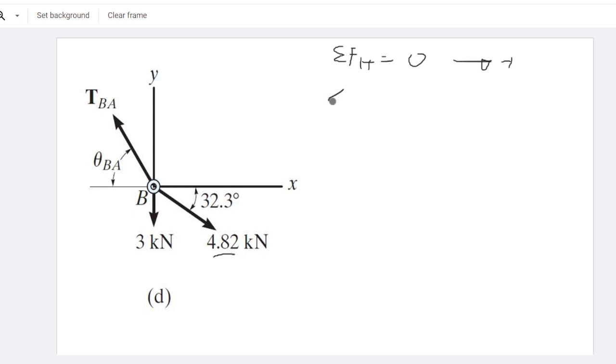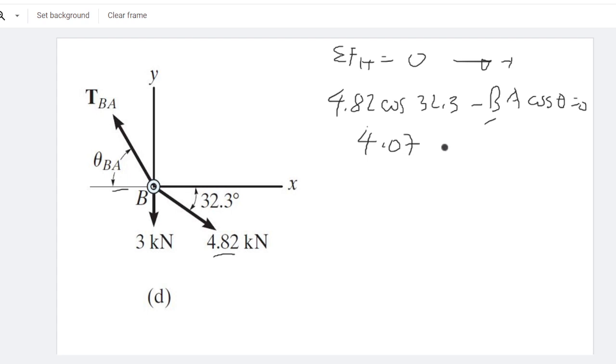You have 4.82 cosine 32.3 minus BA cosine theta equals 0, which simplifies to 4.07 minus BA cosine theta. So BA cosine theta is equal to 4.07.